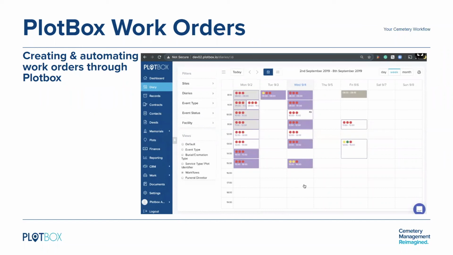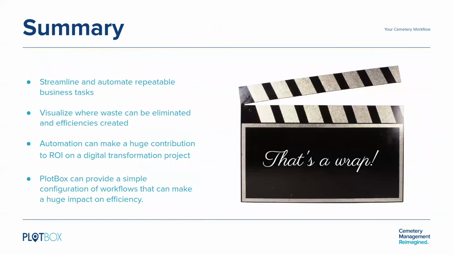Again, hovering over them will show you the information for the event. Clicking on the event, you can go in and look at the description of each individual work order as it comes through the system and what needs to be undertaken, no pun intended, to have that work order completed successfully for the family.